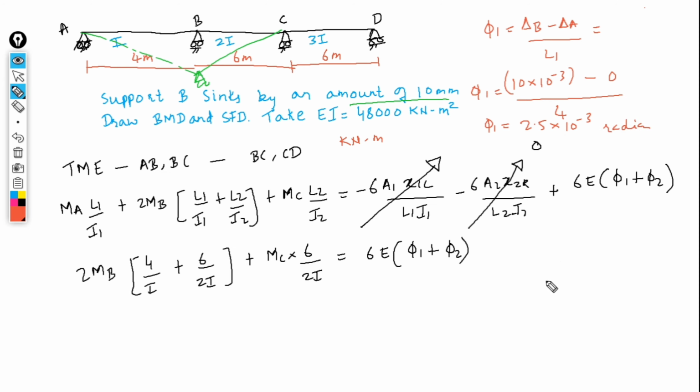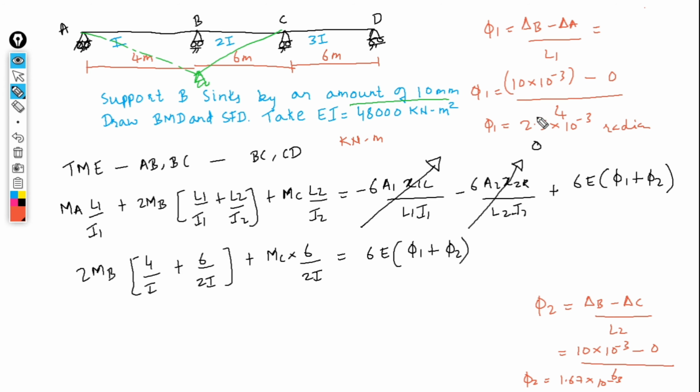Similarly, phi2 will be equal to delta B minus delta C divided by L2. Delta C is 0, delta B is 10 into 10 to the power minus 3 minus 0, divided by L2, which is 6 meter. Phi2 is equal to 1.67 into 10 to the power minus 3.